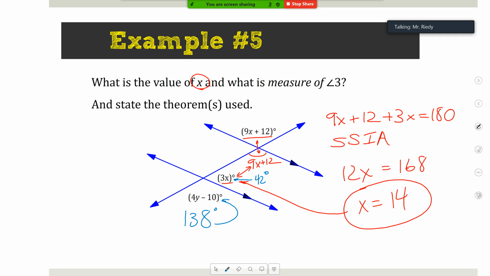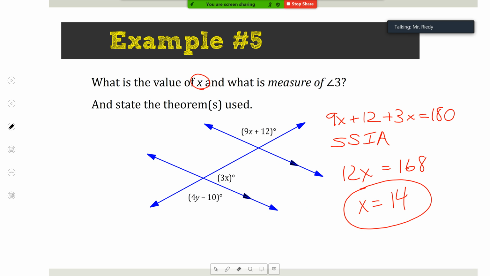There are other ways to solve the problem. There are a lot of other ways to solve the problem. For instance, let me get this mess out of the way. Another way to do it, which is probably not the method that most of you used, but I noticed that these two angles are supplementary. So I could do 3x plus 4y minus 10 equals 180. However, that's not solvable.